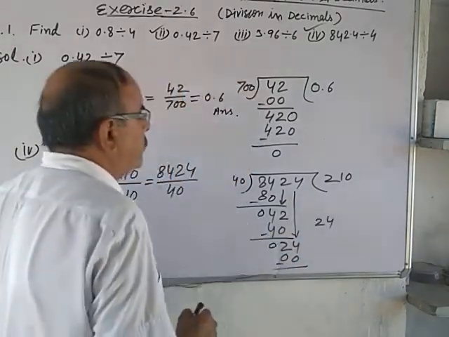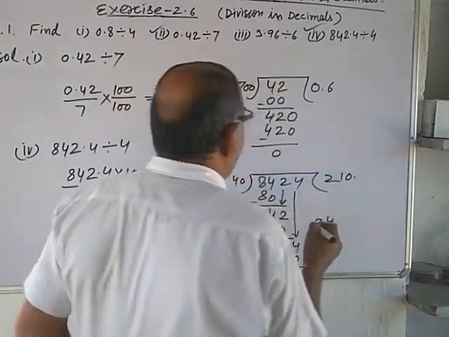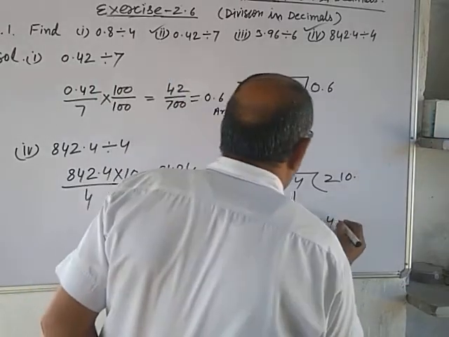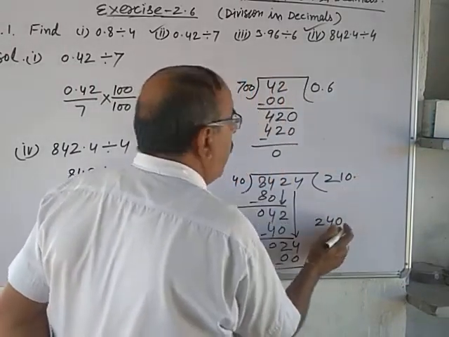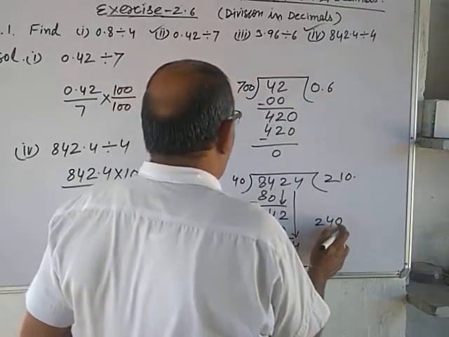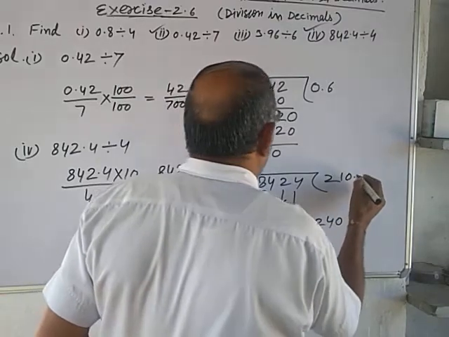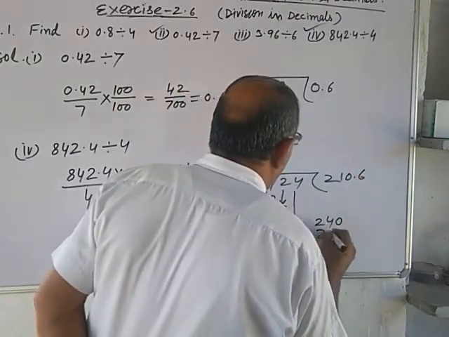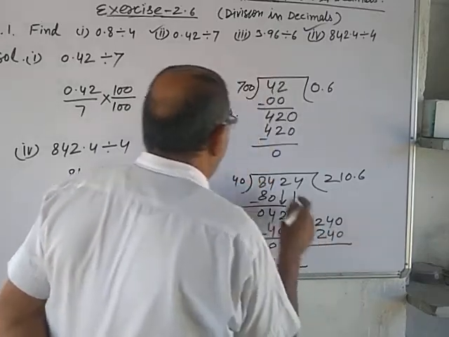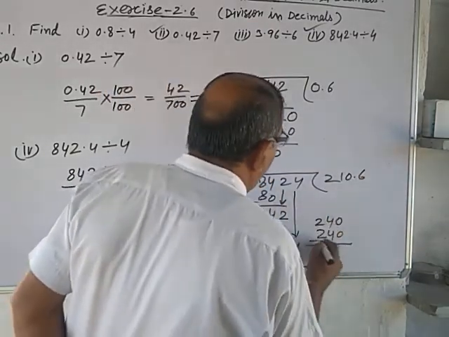24, and decimal. Put the decimal and add the 0 with 24. It becomes 240. 4 6s are 24 and 0.